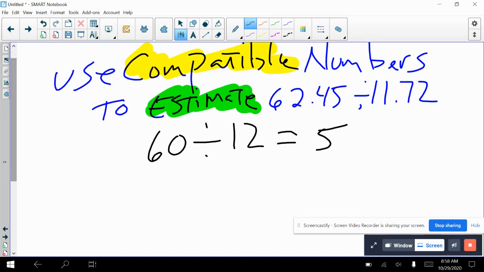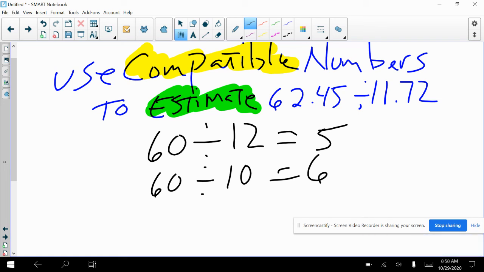Michael. 60 divided by 10. Yes, I would accept that answer. I probably would. Those are probably the only two that would work, because that's relatively close.